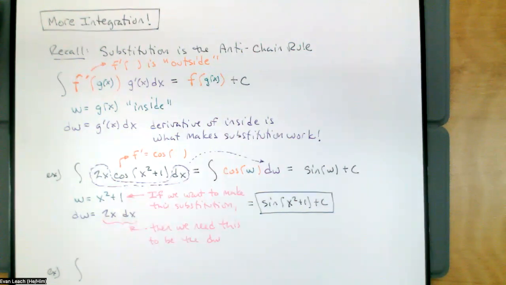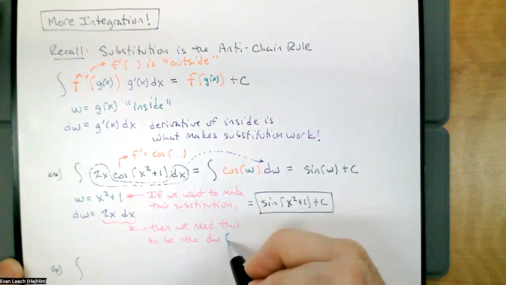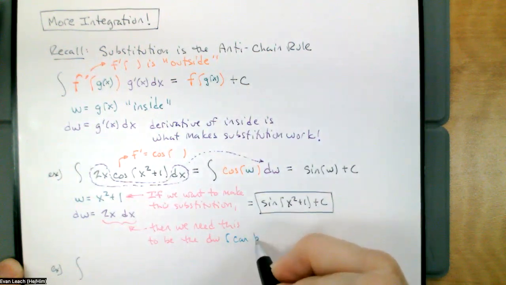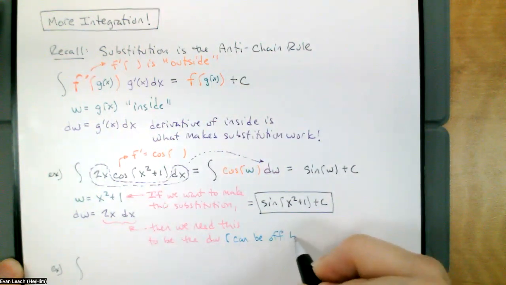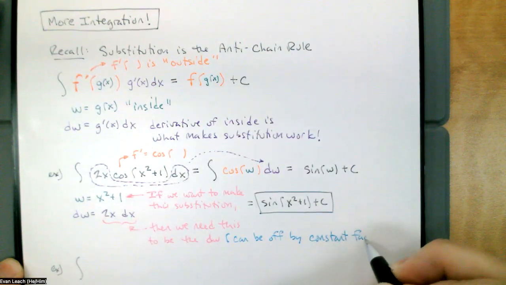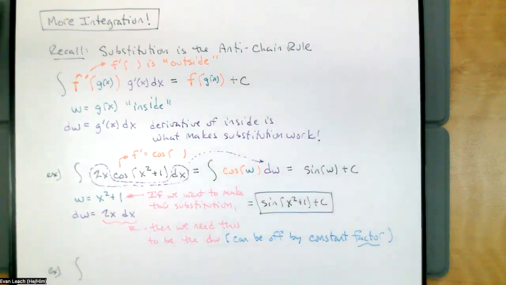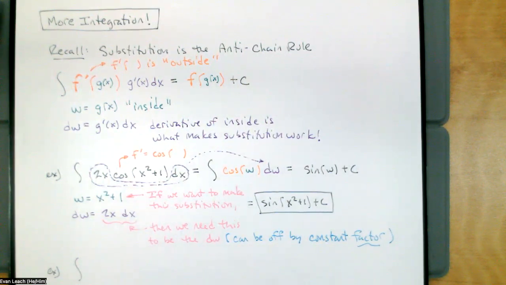Our dw can be off by a constant multiple. I don't need 2x. The important part is the x. The 2 just happens to match perfectly.